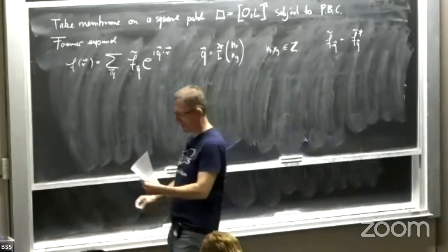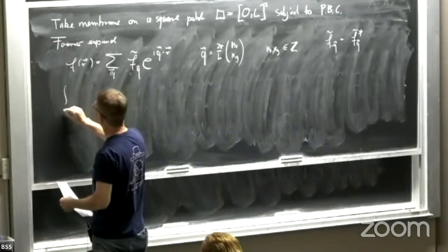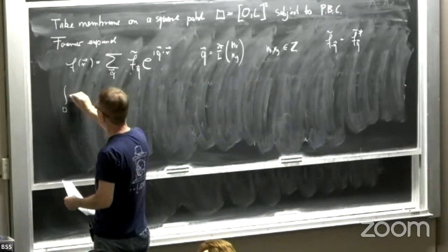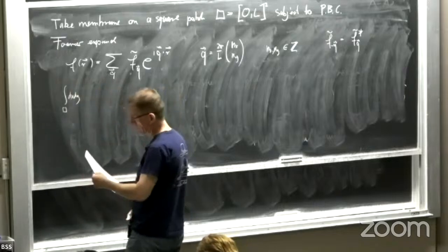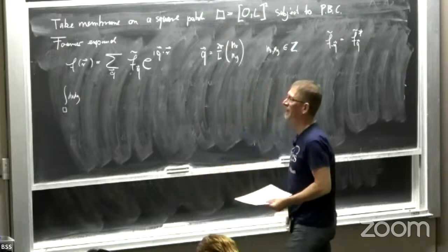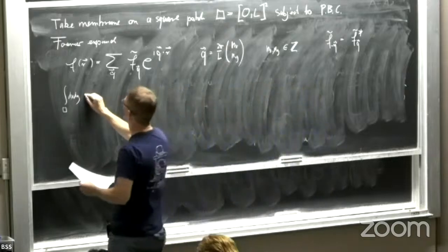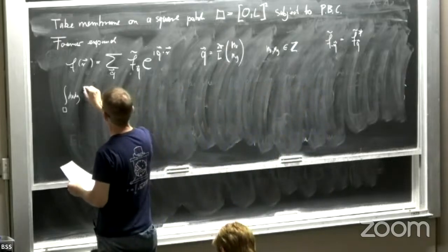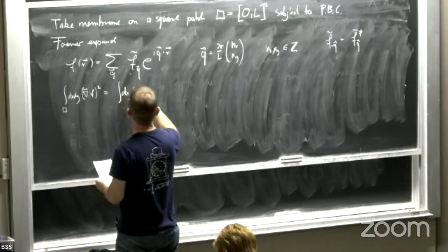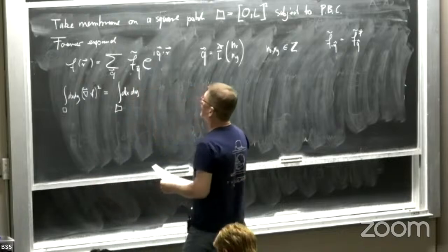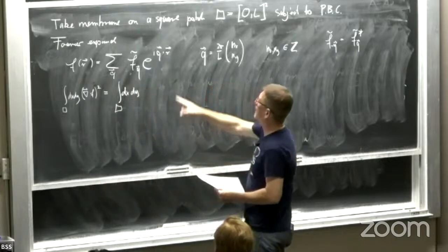So I have to work out what is the integral over my square patch dx dy of grad f squared. Grad f squared. So what is that? This is the integral dx dy over that patch. So grad f is the grad of this.